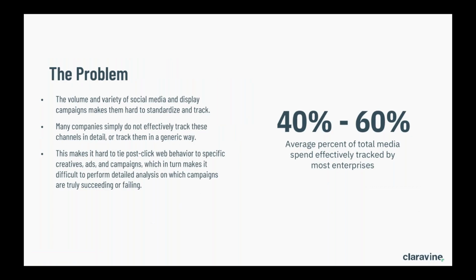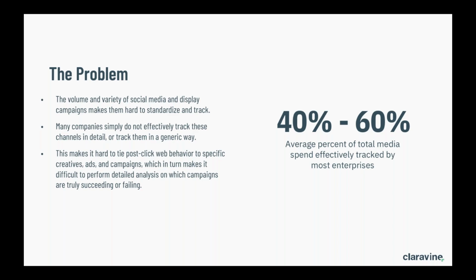So to summarize, the volume and variety of different social media display campaigns, as well as other campaign types that you're running, might make them hard to standardize and track. And it's difficult to get the granularity and level of detail that you want. So a lot of times these things are tracked in a generic way, just using referring domain without really getting the specificity that you need. And as a result, in your analytics platform, it's often hard to get detailed post-click web behavior to tie to specific creatives, ads, and campaigns.